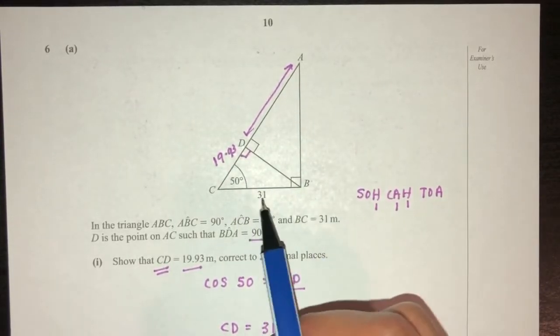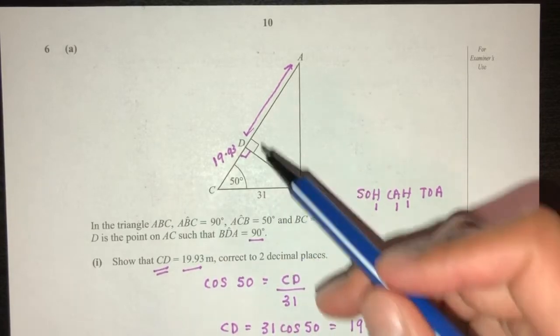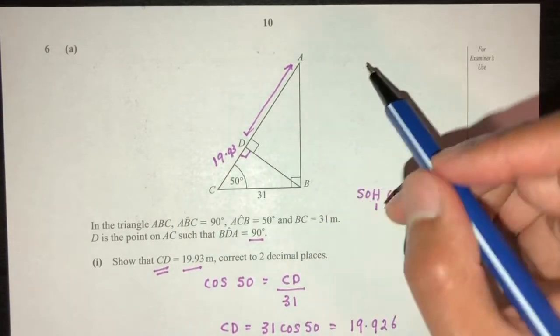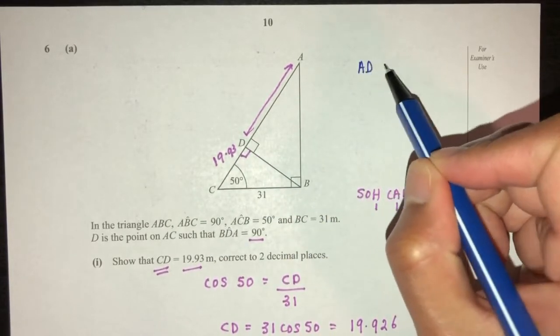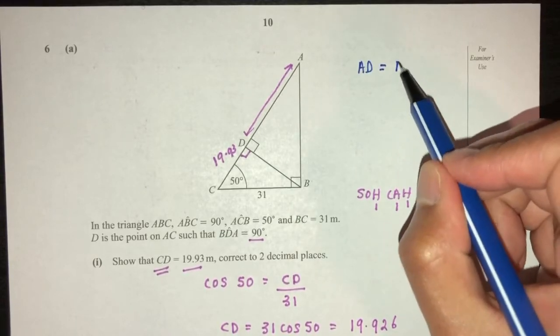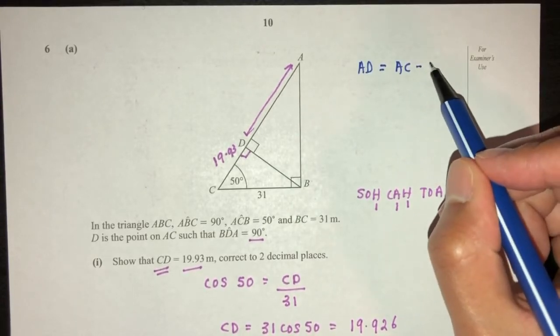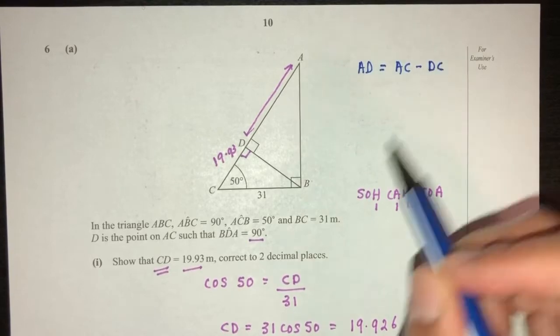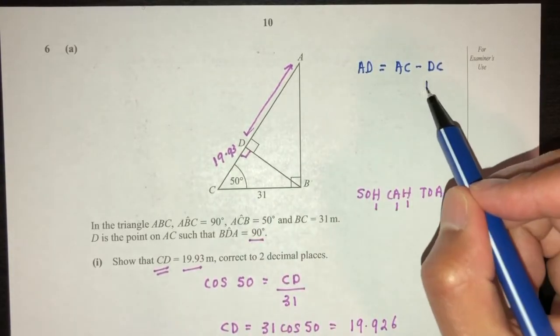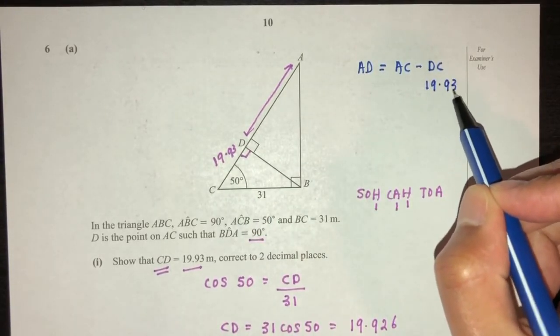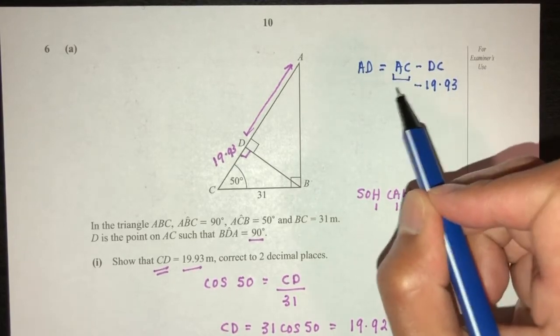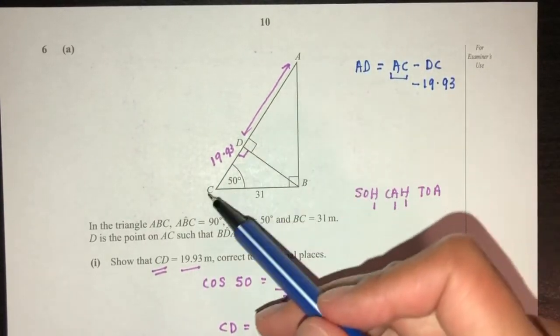We know this angle, we know this side, and we are trying to find this side. By observation, you can see that AD is equal to AC minus DC. DC, we know it's 19.93, so we have to find AC. So how would you find AC?